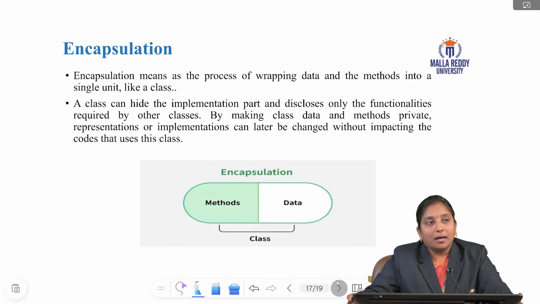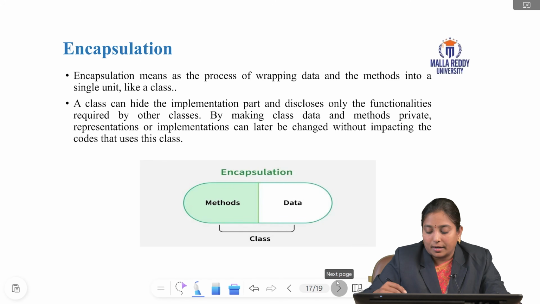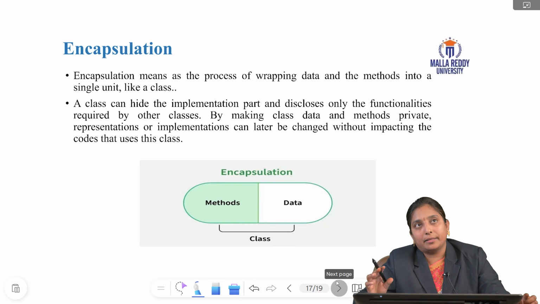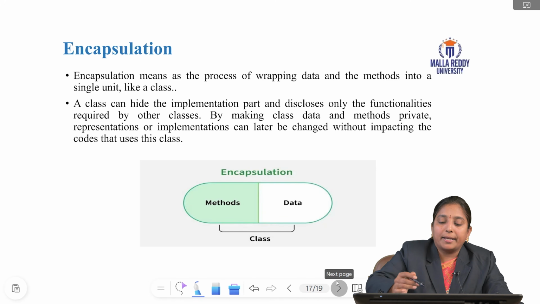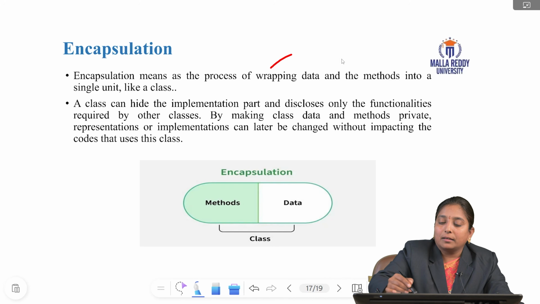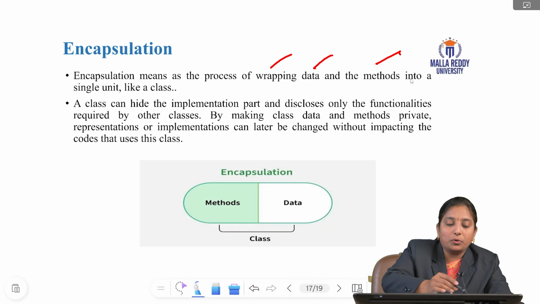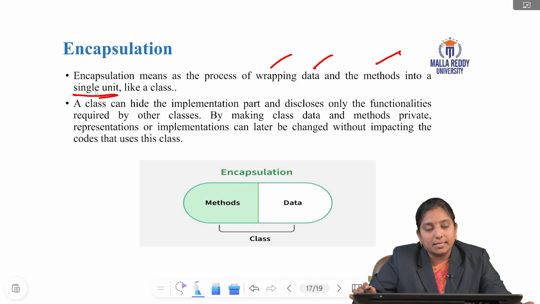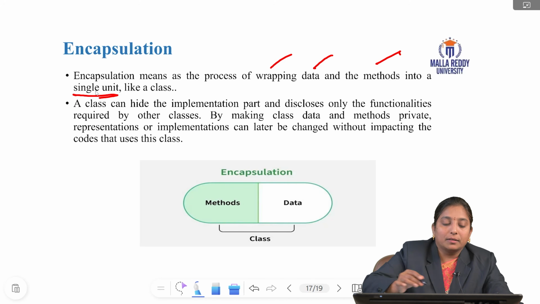Next, coming to another concept of object-oriented programming: encapsulation. Encapsulation means binding the data and methods into a single unit, like a class. That mechanism we call encapsulation.